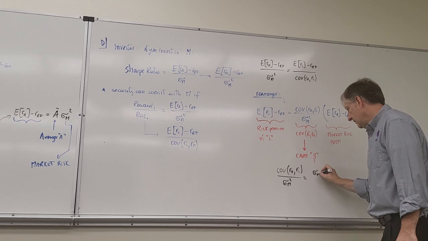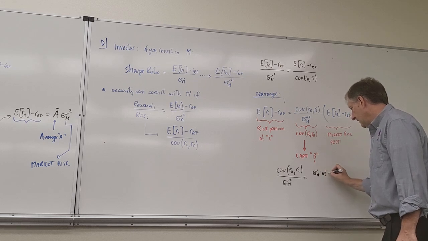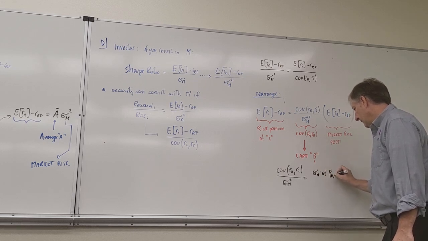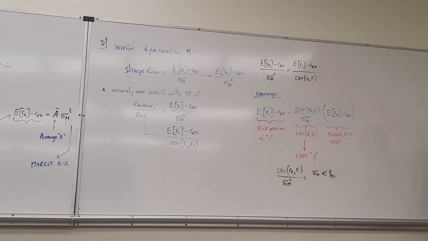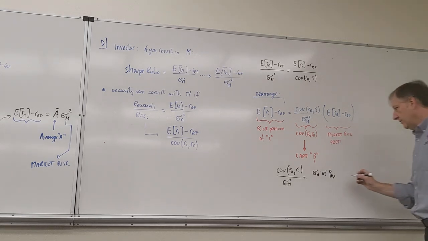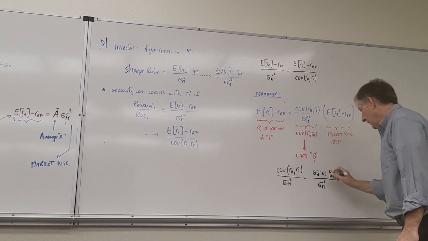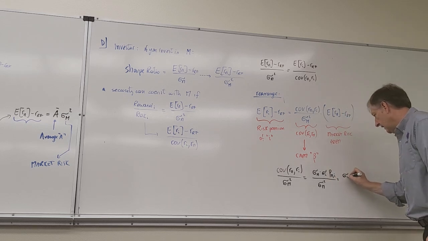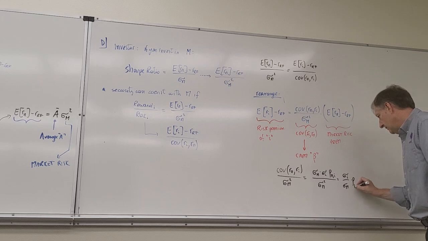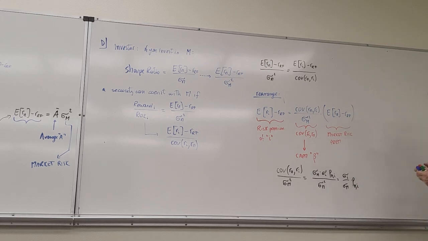Sigma m times sigma i, correlation between m and i. Remember that? Divide everything by sigma m squared. Now you can simplify, you can write this as sigma i over sigma m, correlation i and m, and this whole thing is what we call beta.